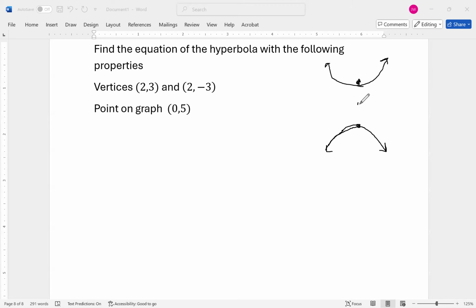In between those two vertices is going to be the center, and so I just need to find the middle there. Did that drawing pretty bad, but the idea is that we have a hyperbola, and because of the location of the two vertices, I know the hyperbola is pointing up and down.